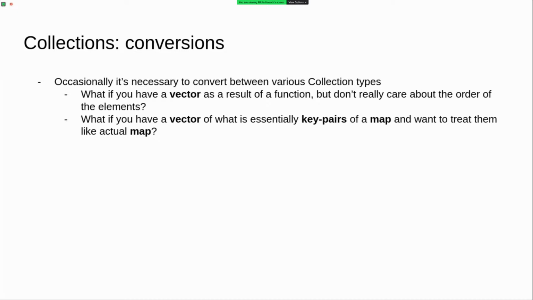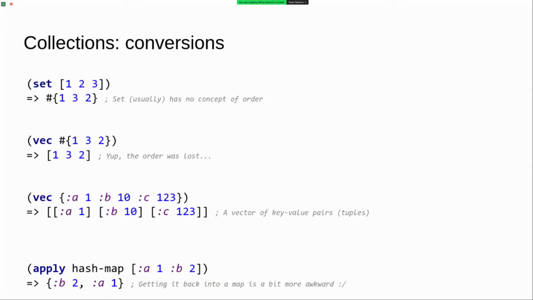Or another one, we would like to get a map from a list of vectors, because a map essentially is a collection of pairs, each pair representing a key and a value. And again, Clojure provides very simple and very straightforward ways for conversion.